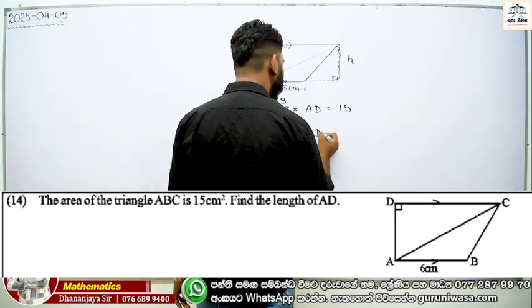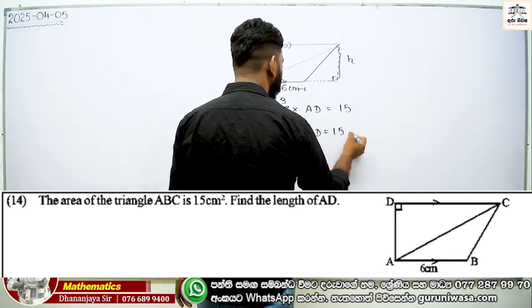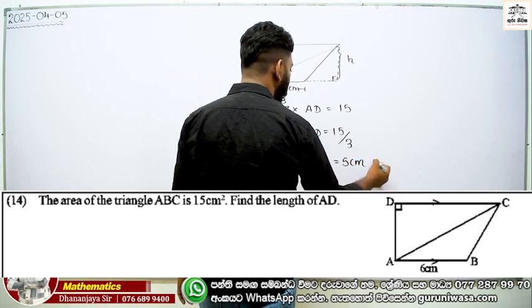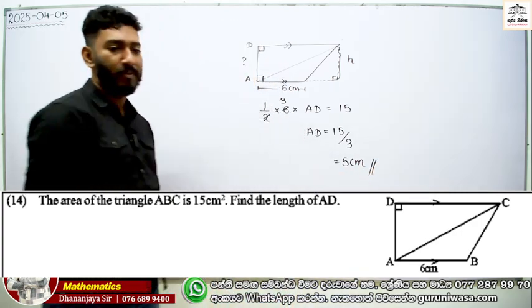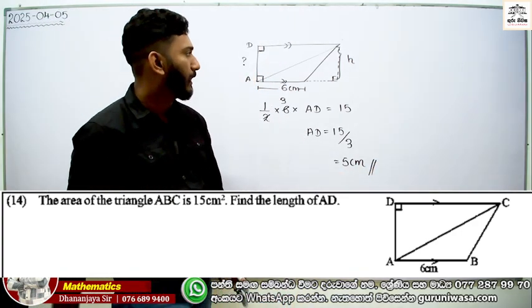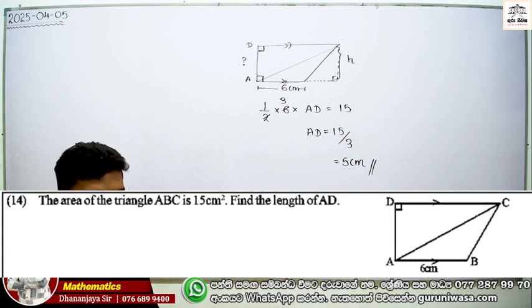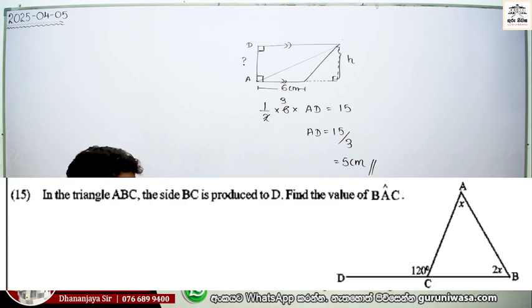Now AD is equal to 15 divided by 3. It becomes 5 cm. Now we are at question number 15.